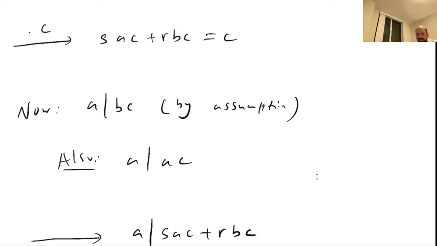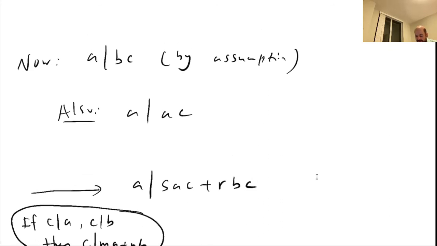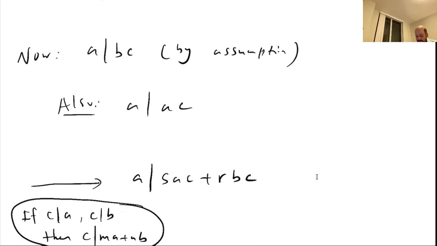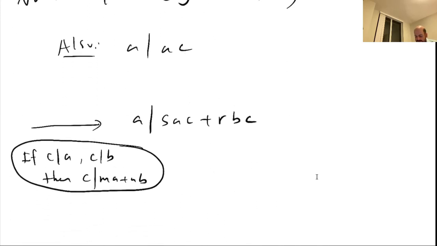A divides any multiple of BC plus any multiple of AC. So A divides SAC plus RBC. And what is SAC plus RBC? According to this equation, it is just C, which is what we needed. So using Bezout's identity, you saw that the proof was simple.